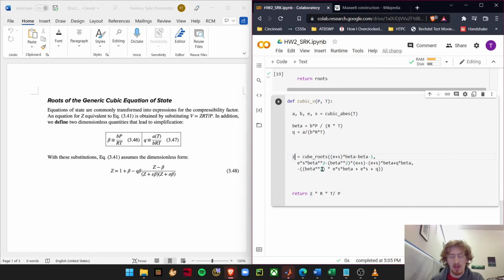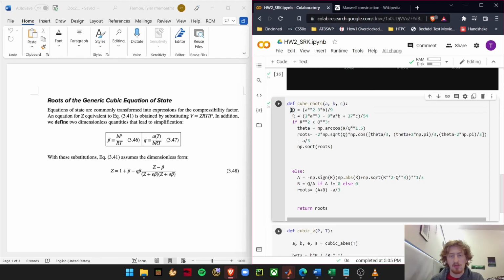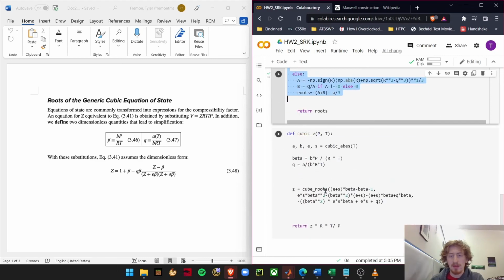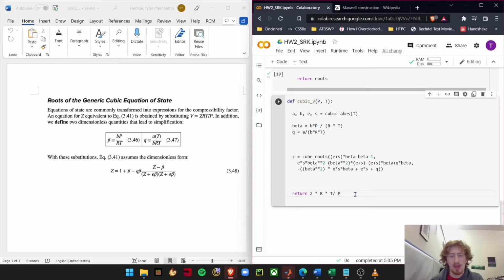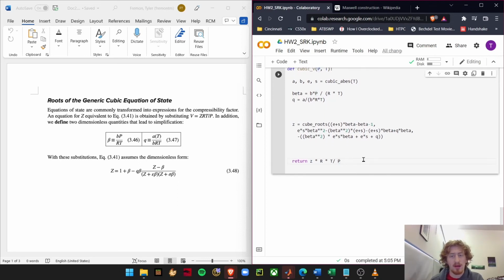And then using that A, B, and C and this function that we defined up here, it'll return either 1 or 3 roots of Z, and we just have to plug each of those roots into our formula for volume here. And there we go. We have our specific volumes, and we can use them to plot our Maxwell construction.